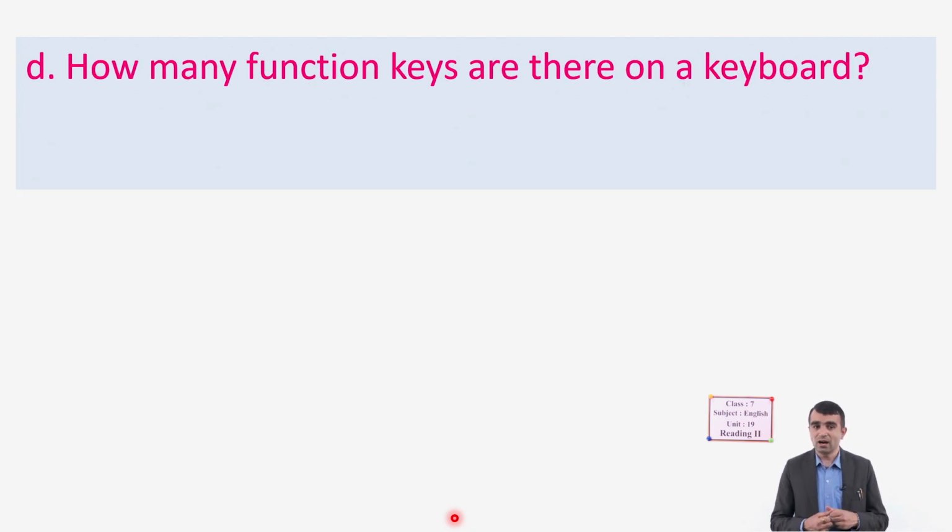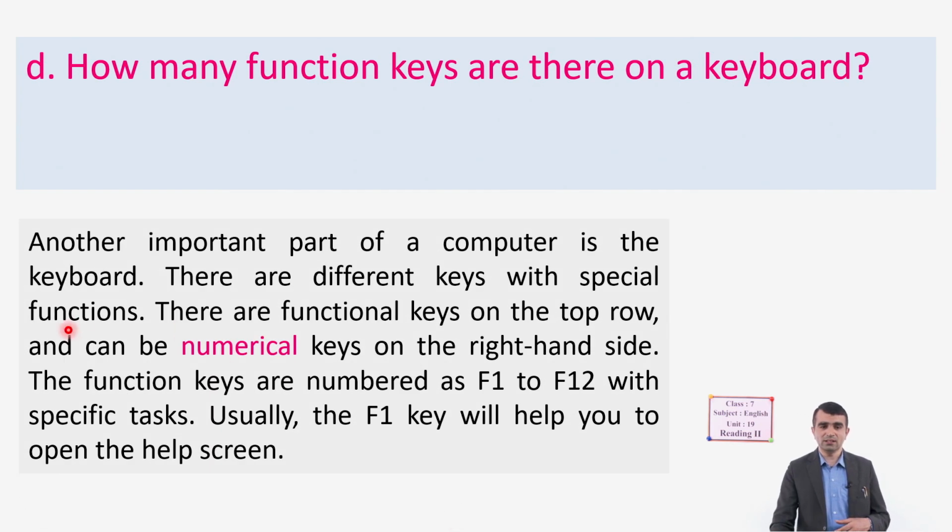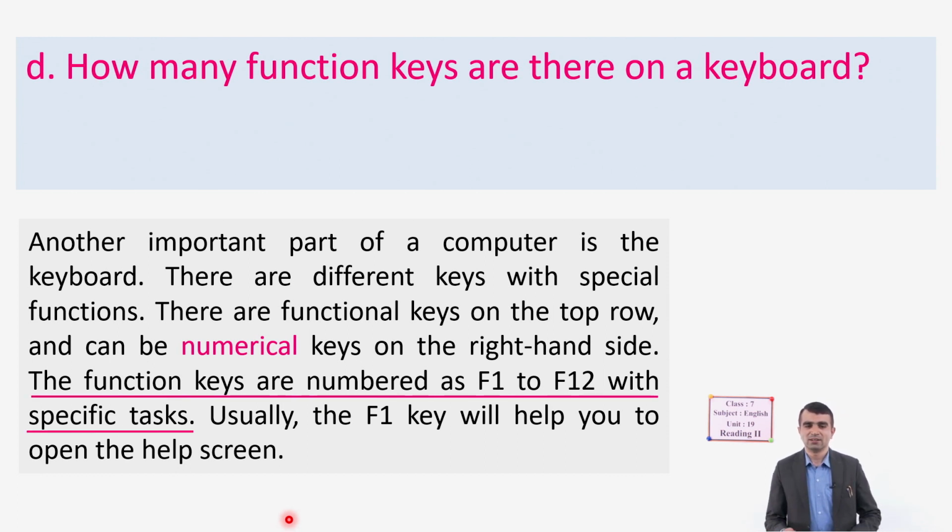Next, how many function keys are there on a keyboard? See here, somewhere you can find. The function keys are numbered as F1 to F12 with specific tasks. So, F1 to F12, how many?